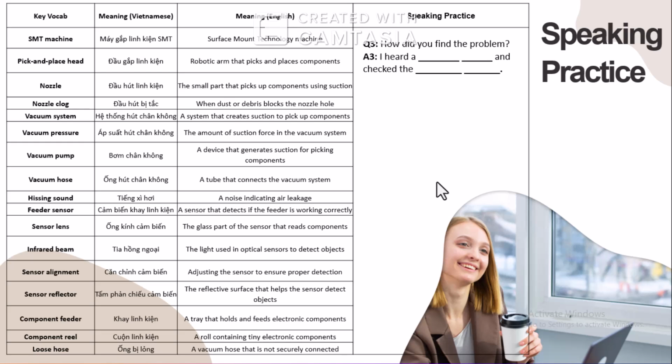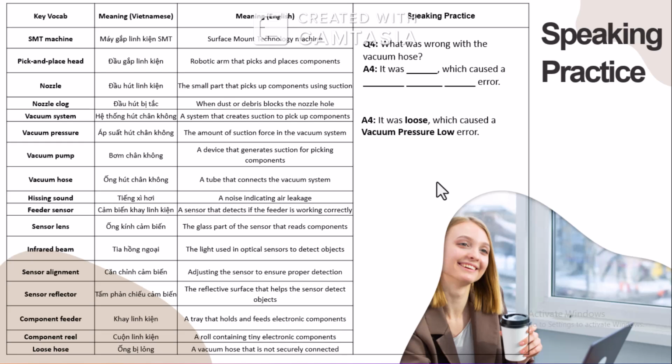How did you find the problem? I heard a hissing sound and checked the vacuum hose. What was wrong with the vacuum hose? It was loose, which caused a vacuum pressure low error.